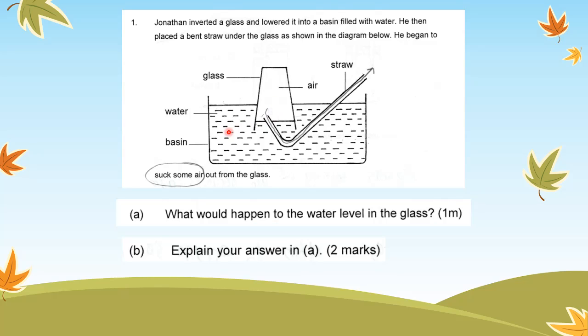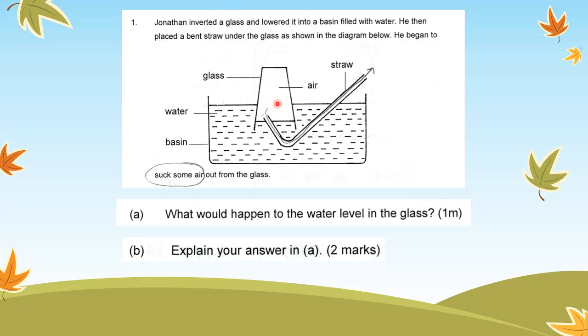Hence, water rush in to take up its space. I repeat, first you must state air occupies space, full stop. As Jonathan sucked out the air, there is less air occupying the space in the glass, full stop. Hence, water rush in to take up its place.